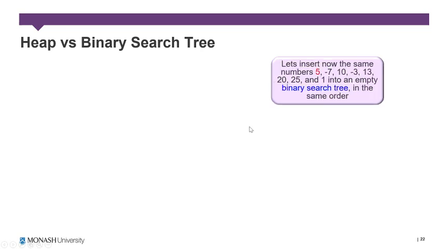Let's have a look at a binary search tree. Remember, with a binary search tree, we don't necessarily have to have it balanced, but we need to have the invariant that everything on the left is less than the root and everything on the right is greater than the root. So let's have a look. If we insert -7, that would just go to the left. If we're inserting 10, that would go to the right.